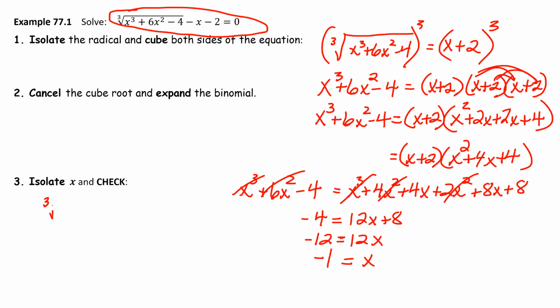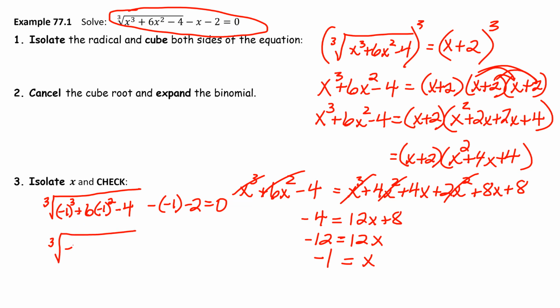So cube root of negative 1 cubed plus 6 times negative 1 squared minus 4. Then outside the cube root, we have minus negative 1 and minus 2, and that's all supposed to equal 0. So under the cube root, we have negative 1 plus 6 minus 4, and over here we have plus 1 minus 2, so minus 1.